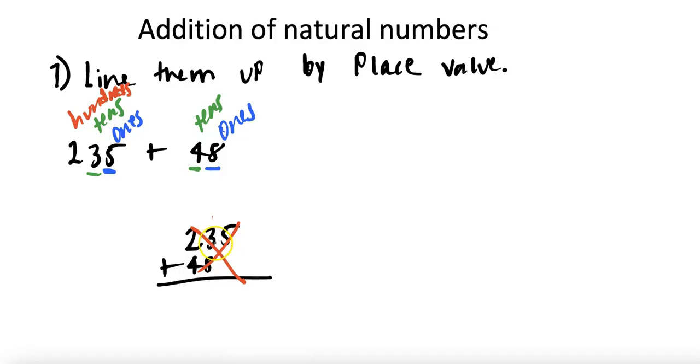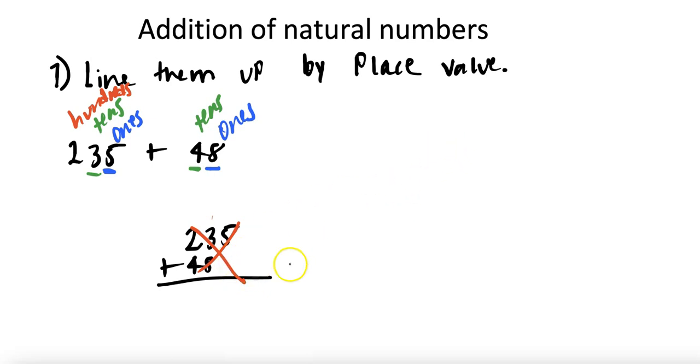We're not adding the same place value, okay? It's like saying we are adding 30, 3 tens and 8 ones, but without having that in mind, the answer could be completely incorrect.